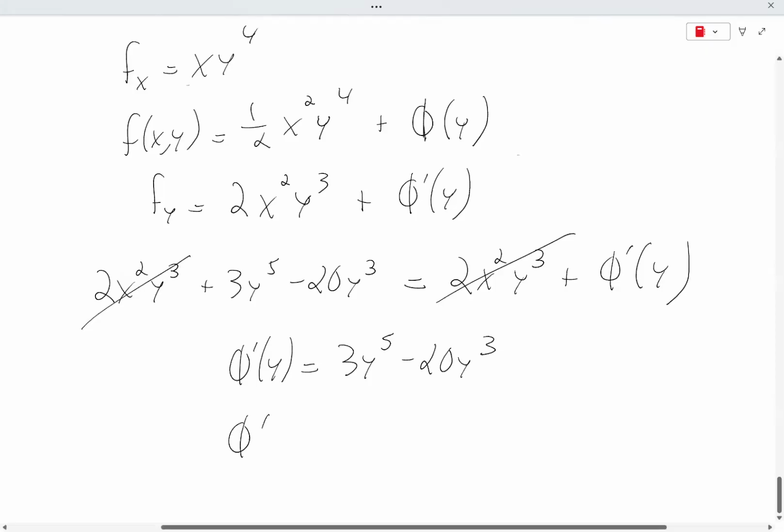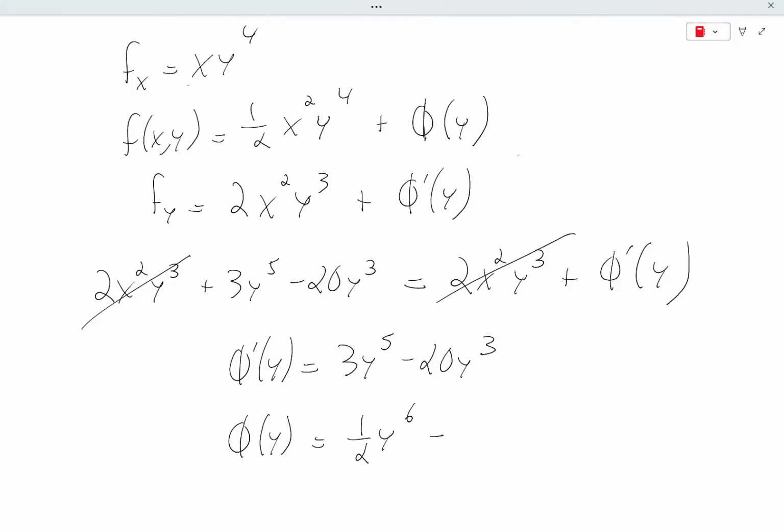So then phi of y is equal to, I think, 1/2 y to the sixth minus 5y to the fourth. So that's this thing up here now. Okay.